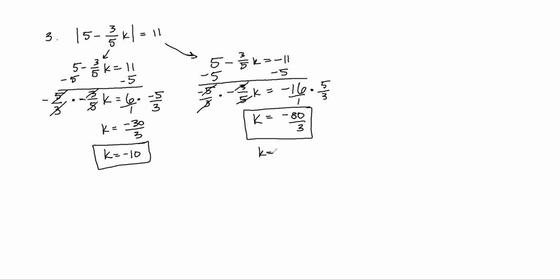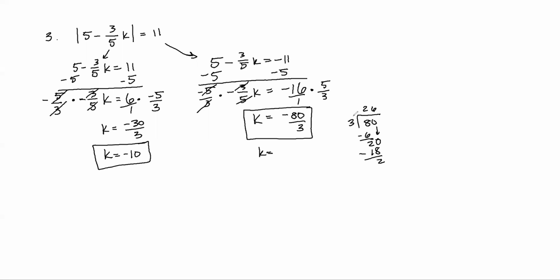So if we were to divide 80 by 3, you can always divide off to the side. Remember, no calculators in this class. 3 goes into 8 twice. Subtract. 3 goes into 26 times. And we have a remainder of 2.